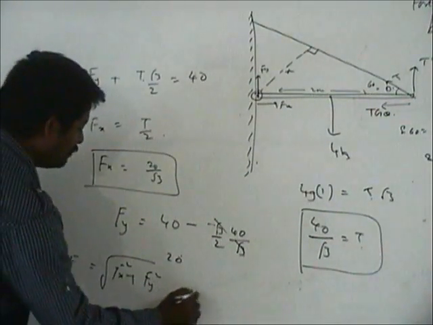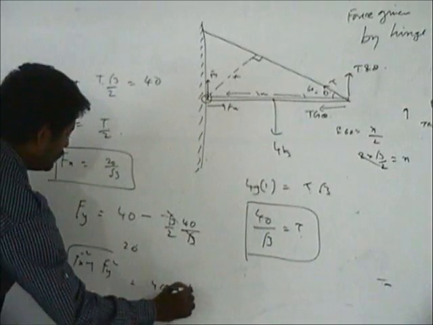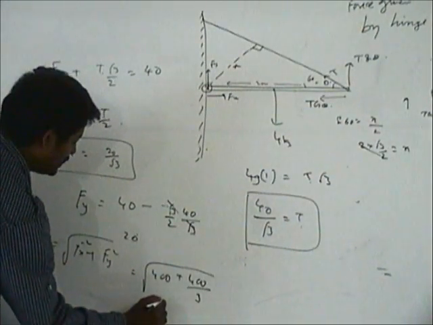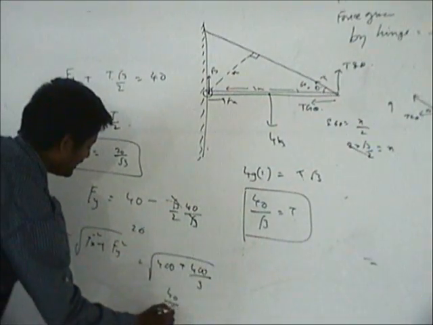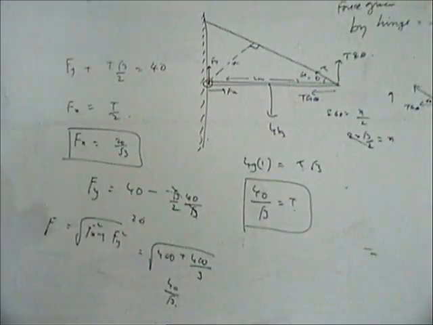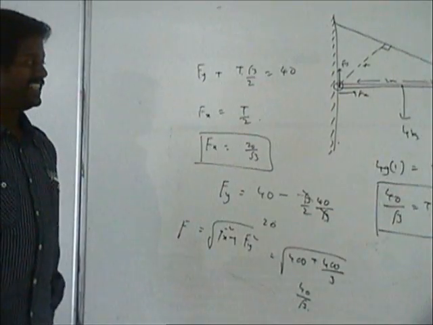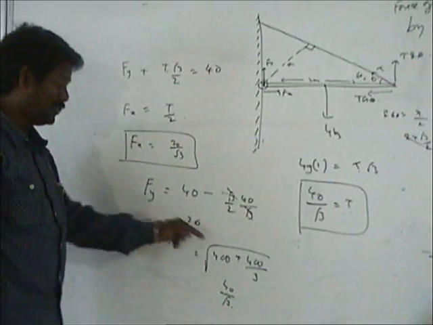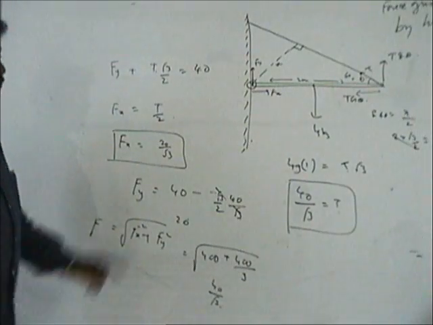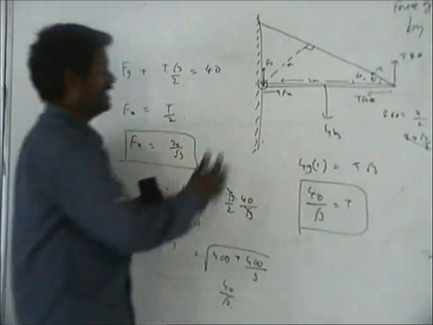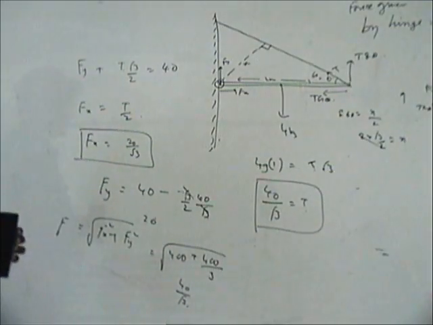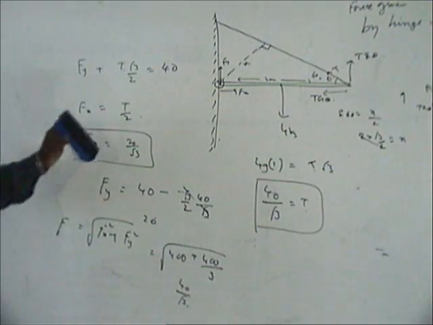Therefore, you have 400 plus 400 by 3 under root, 1600 by 3, which means 40 by root 3. That means it happens to be the same answer. The tension in the string is 40 by root 3. The force given by the hinge is also 40 by root 3. But it is inclined at an angle theta, where tan theta equal to Fy by Fx. It's a very important concept.